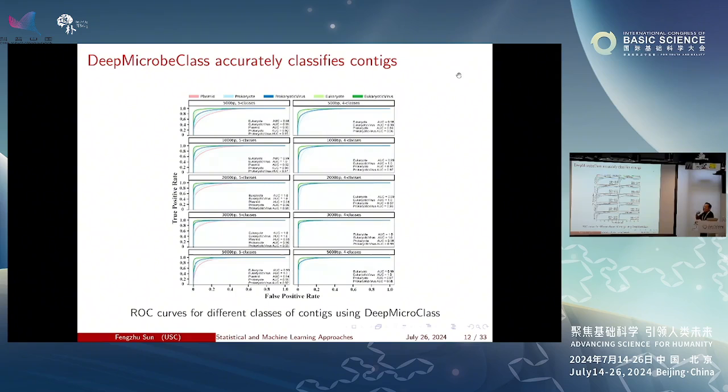You can imagine, if your method is reliable, as the sequence length increases, you have more information, so your prediction should be more accurate. So we tried to study how the prediction accuracy increases with the sequence length. That's how we did this.